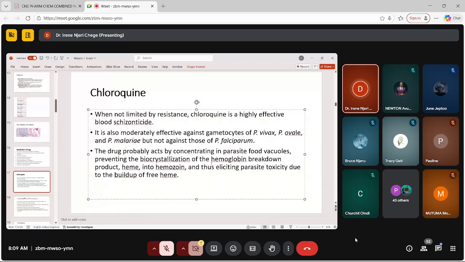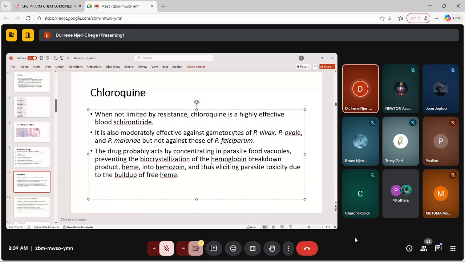Because heme should be metabolized to hemozoin, which is less toxic to the parasite. In this case, the heme builds up, and the heme is toxic to the parasite, and the heme damages the plasmodial cell, causing cell death.